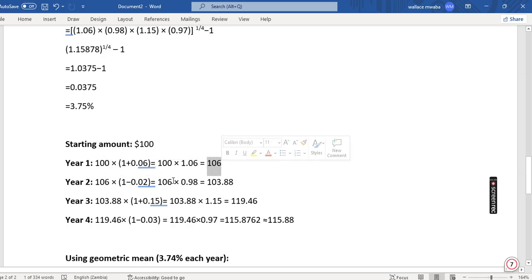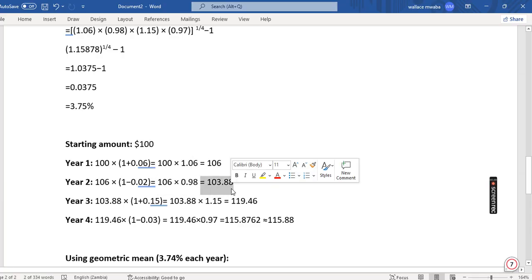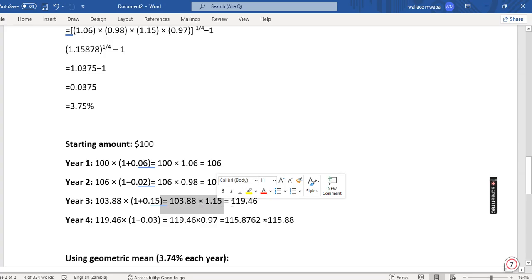In year 2, there was a percentage drop of 2%, so 106 multiplied by 1 minus 0.02, which is 0.98. 106 times 0.98 is 103.88. Then there was a growth of 15%, so 103.88 multiplied by 1.15 is 119.46.